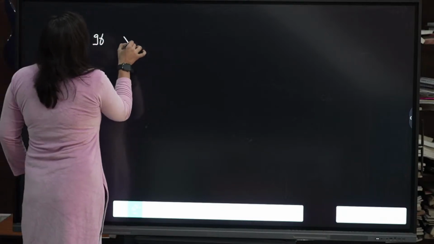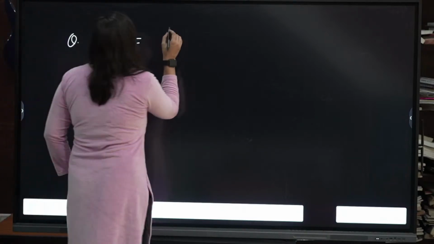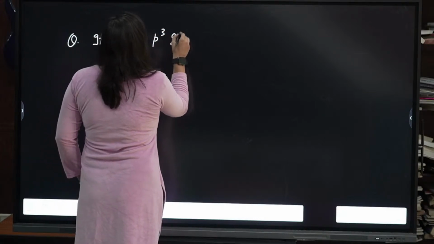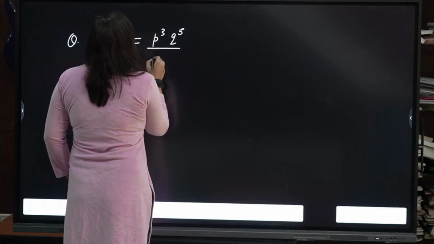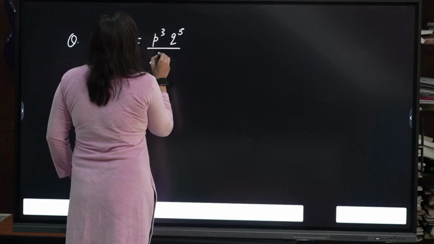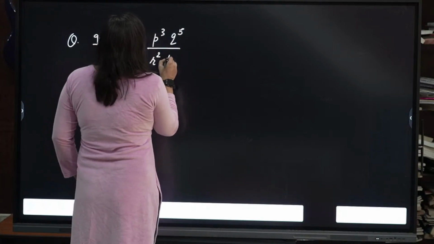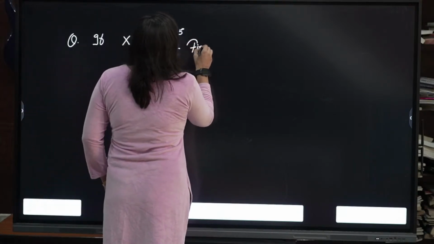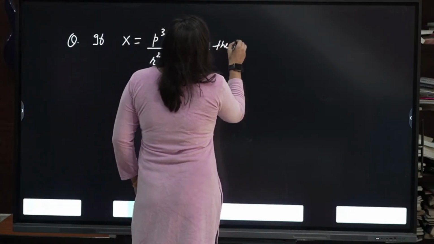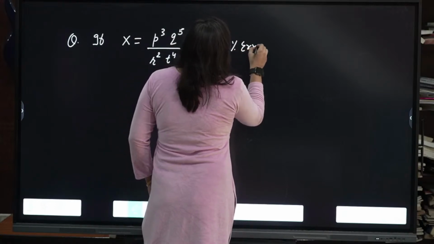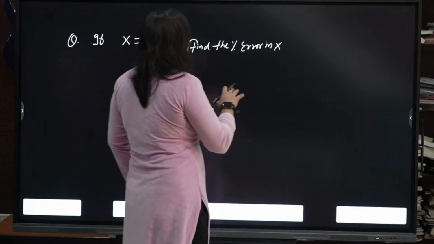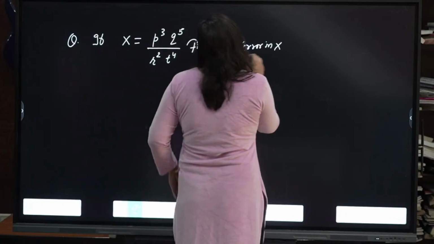If x is equal to P3 Q5 R2 T4. Same thing, find the percentage error in x. अब डायरेक्ट सॉल्व करेंगे आप, फुल सॉल्व करके नहीं लिखेंगे, डायरेक्ट वैल्यूज पुट करेंगे.